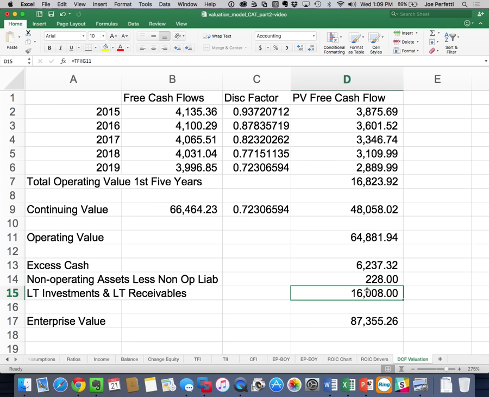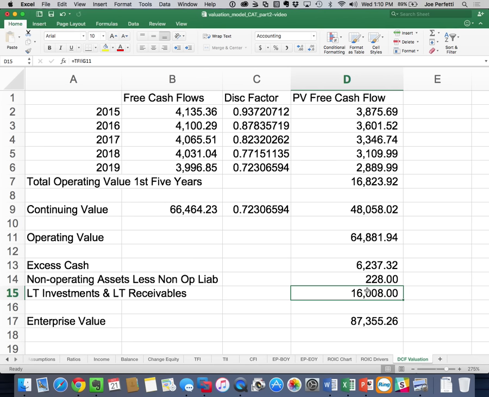The one asset that could be a little weird might be the long-term investments, right? Because accountants value things at book value, they don't value things at market value. So if CAT's market value of a joint venture, for example, is substantially higher than what they paid for it, that value would not be captured on the balance sheet.